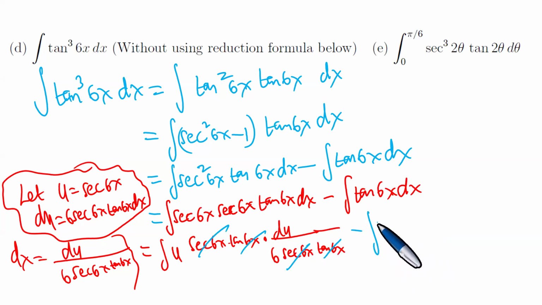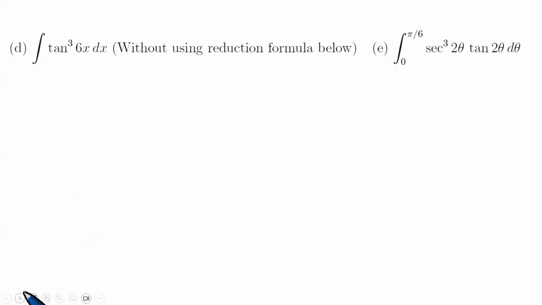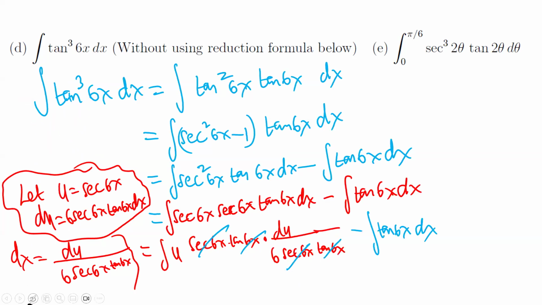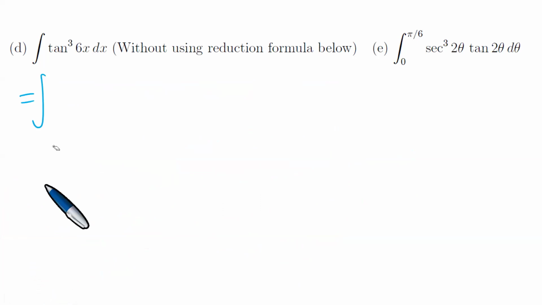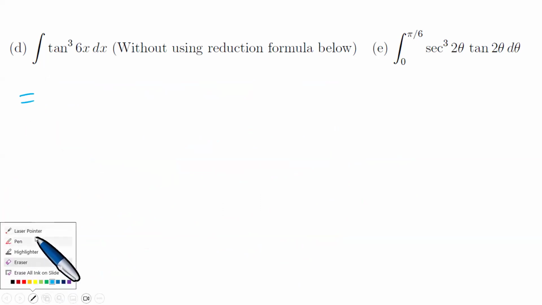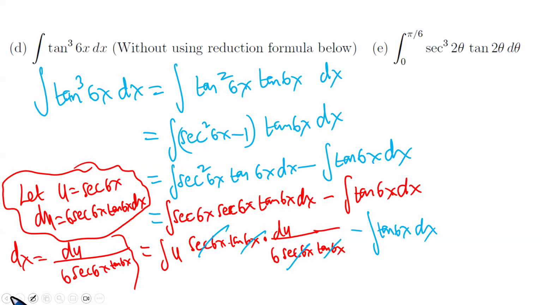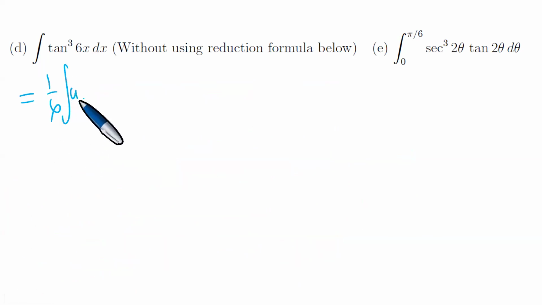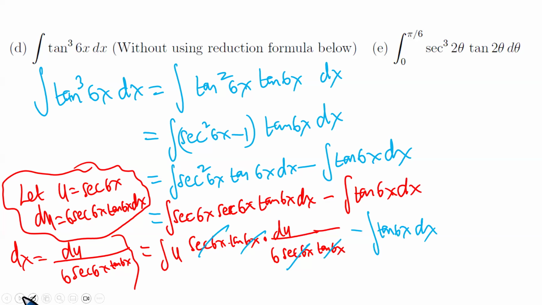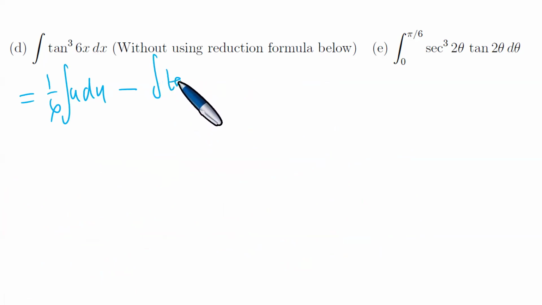And then now you have the integral of the tangent of 6x dx. Meaning you'd also have the integral of 1 over 6 u du minus the integral of the tangent of 6x dx. So this is 1 over 6.